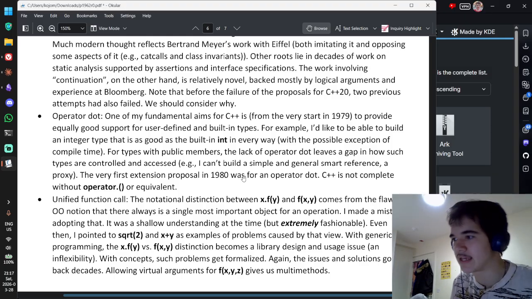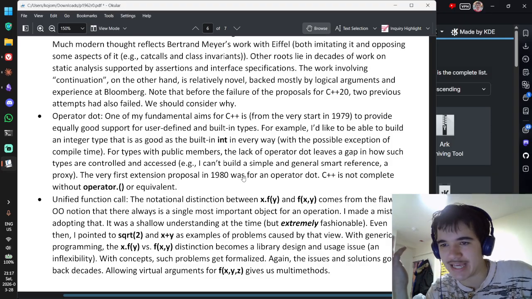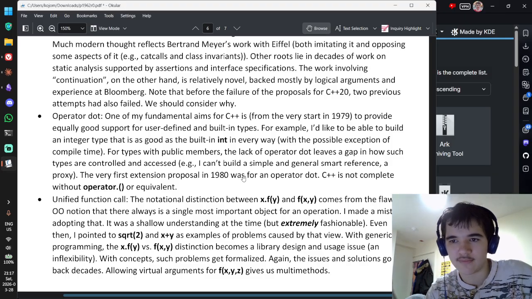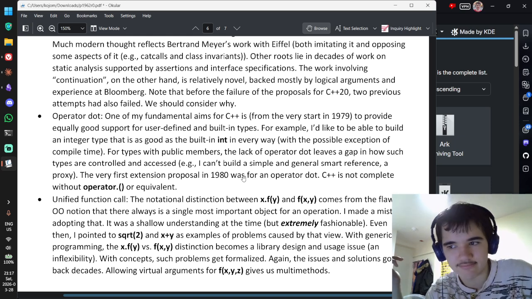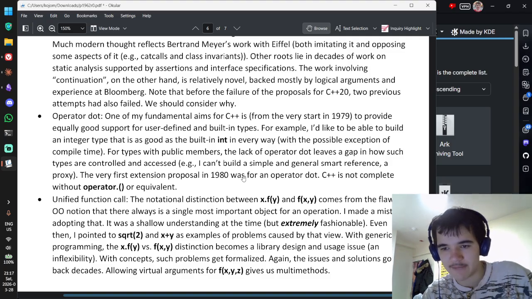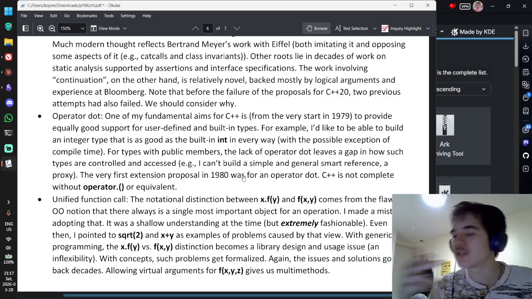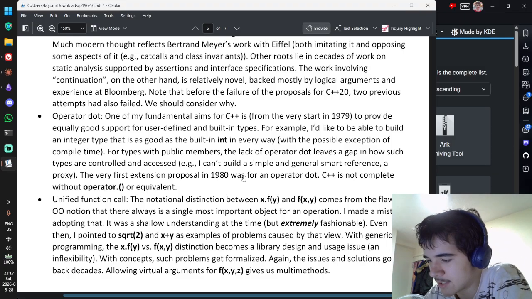In a similar way to how the brackets operator for arrays just expands to the dereferencing of a plus b, right? That is where I would be okay with operator dot. I do not like operator dot as a class level concept. Again, this is what I mean by atomic features.